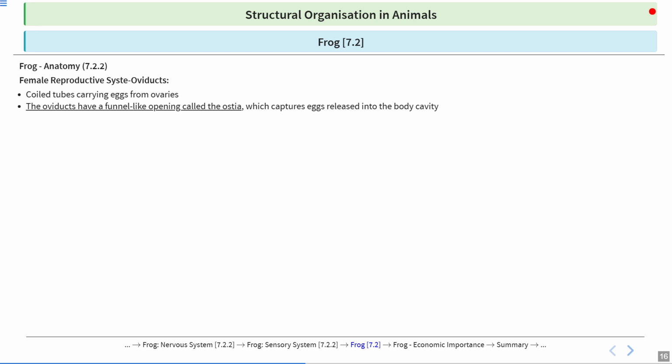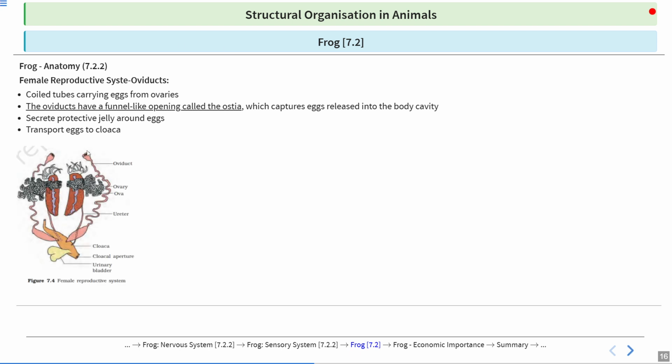The eggs are released into the body cavity and are captured by the oviducal funnel or oviducts. So they secrete protective jelly around the egg. The eggs are not dry. They have a jelly-like substance around the egg. And that transports eggs to the cloaca, right? So they transport these eggs to the cloacal region.